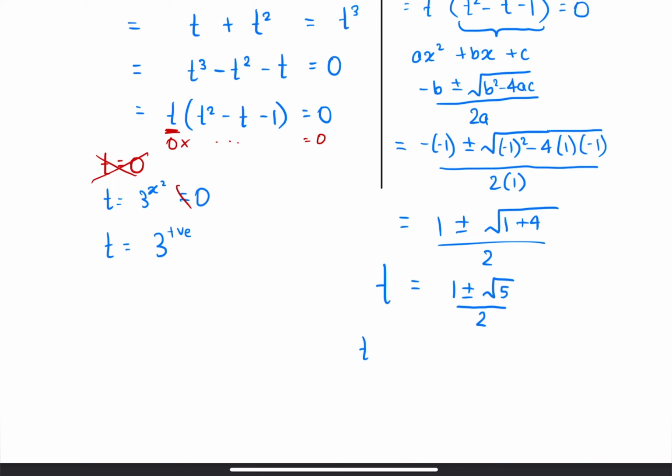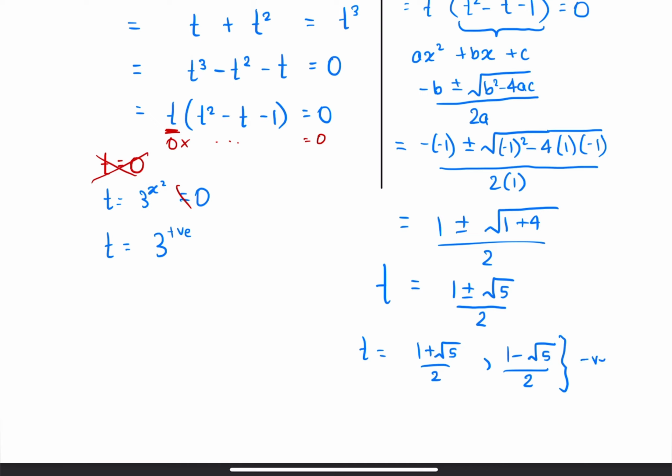The values of t are 1 plus the square root of 5 divided by 2 and 1 minus the square root of 5 divided by 2. We are looking at this possible answer, and if we subtracted the square root of 5 from 1, that would result in a negative number.